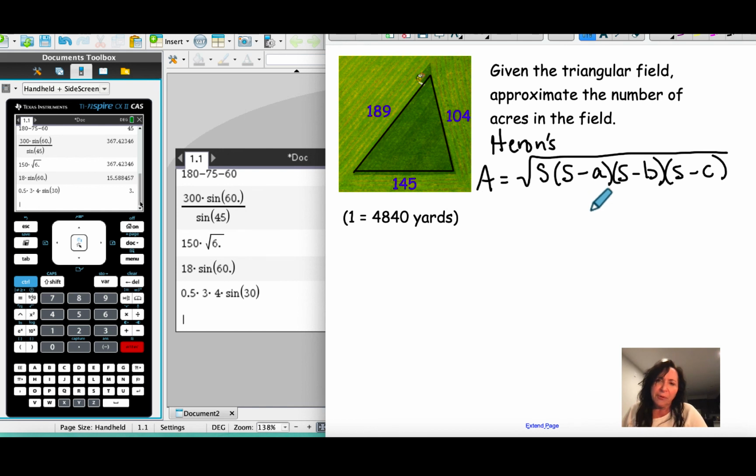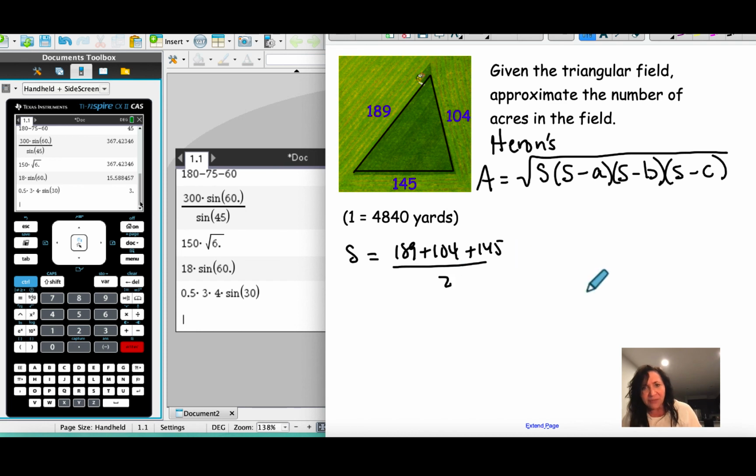Okay, so the semi-perimeter is equal to the perimeter, which is 189 plus 104 plus 145, divided by 2. That's the semi-perimeter.